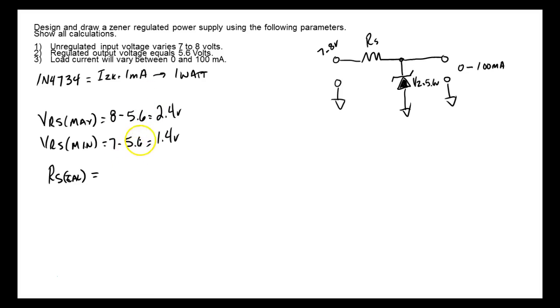Then we're going to use the minimum voltage that it'll ever drop, 1.4, over the maximum load current, which would be 100 milliamps plus IZK, which would be 1 milliamp. Minimum voltage over the maximum current, right?